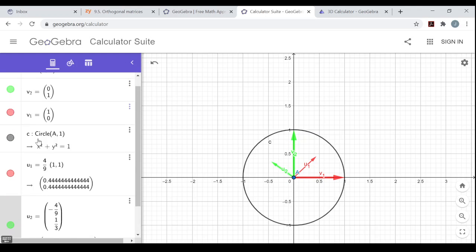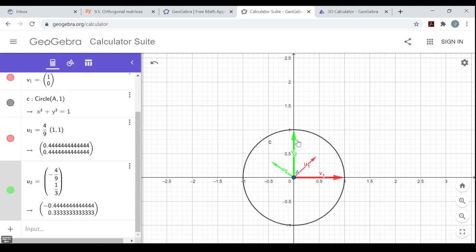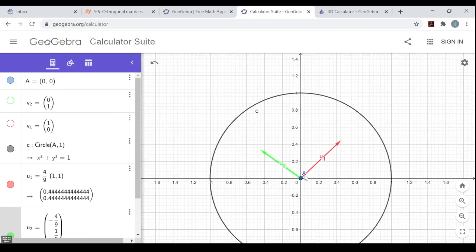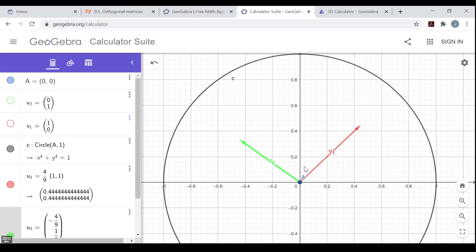You see that v2, the 0, 1, would map to this negative 4/9, 3/9, and you see again the length is not preserved, and the angles aren't preserved either. If I get rid of these, the angle between 1, 0 and 0, 1 is 90 degrees. The angle between these two vectors is actually a little more than 90 degrees. It's hard to tell maybe, but that's actually a little more than 90 degrees.